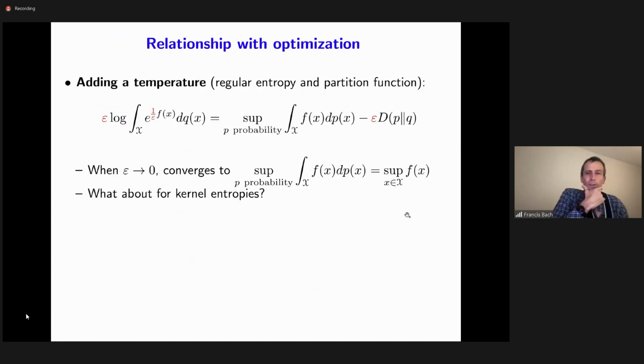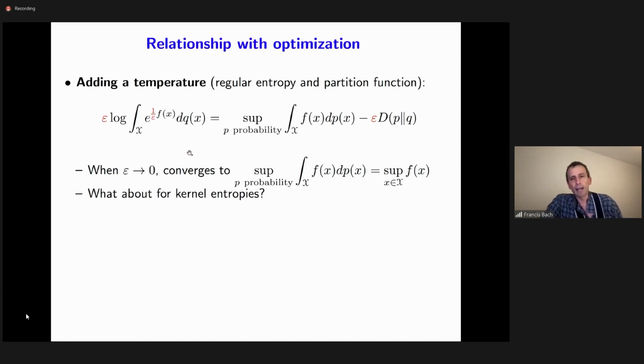One thing which is interesting, and is in fact the motivation behind that work, is to add a temperature. It's classical to add some temperature epsilon. If you put an epsilon over there, then you replace the classical log-sum-exp function by epsilon log of the integral of exp of f over epsilon.